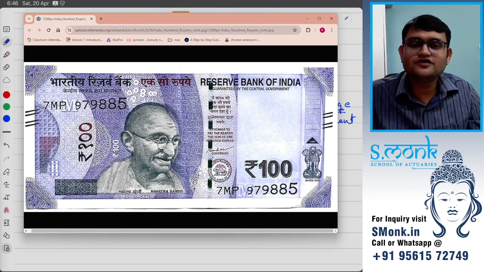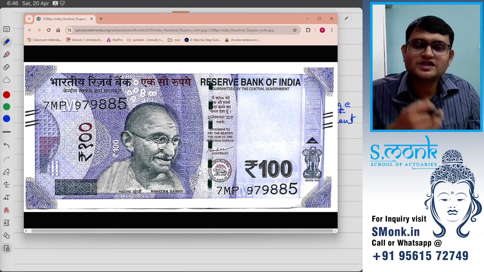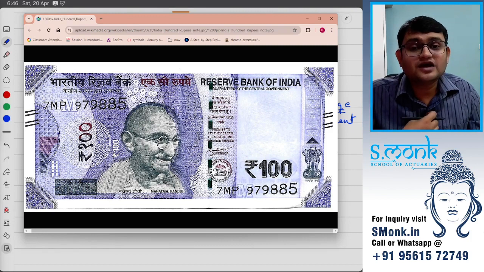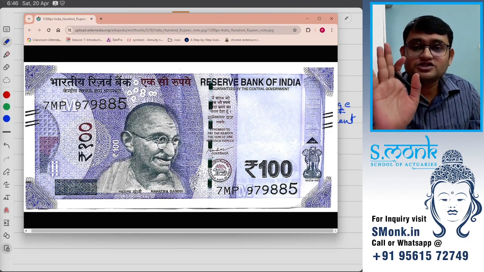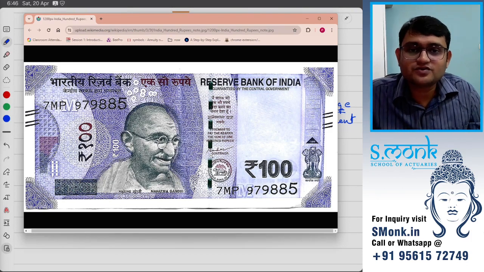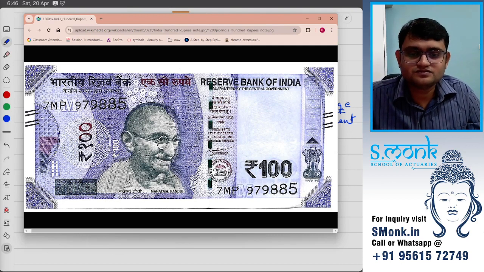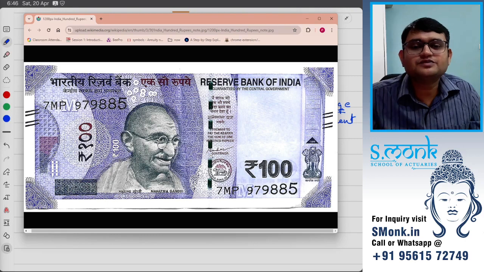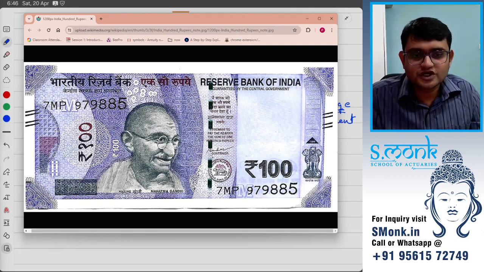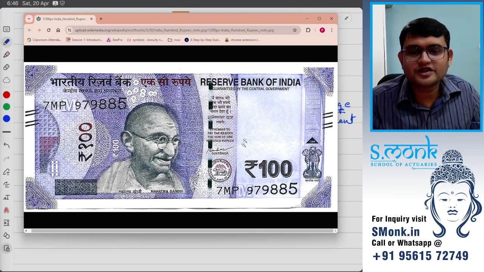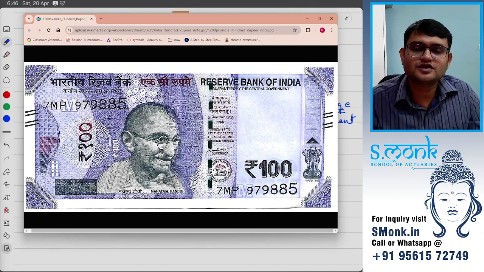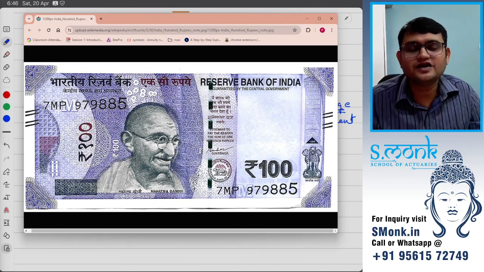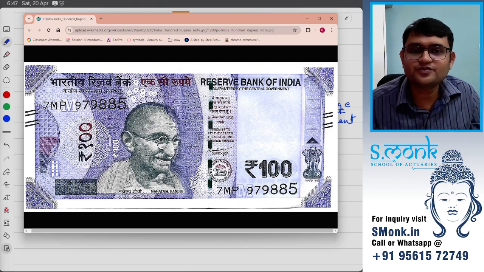If you too believe in it, you can give that note to the third person, and that third person will take that note to me and say, sir, you have promised 500 rupees. Where is my 500 rupees? Right? So a piece of paper where I promise something would be called a promissory note. So this is also just a piece of paper that promises that whoever holds it will get 100 rupees. So what's 100 rupees then?